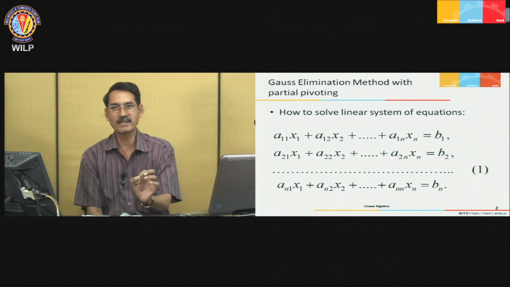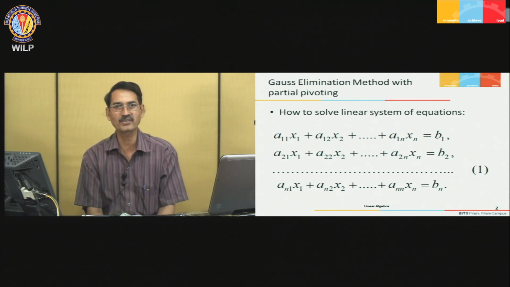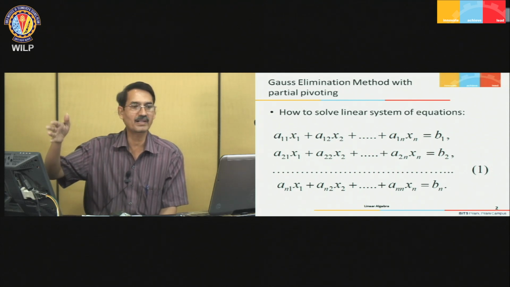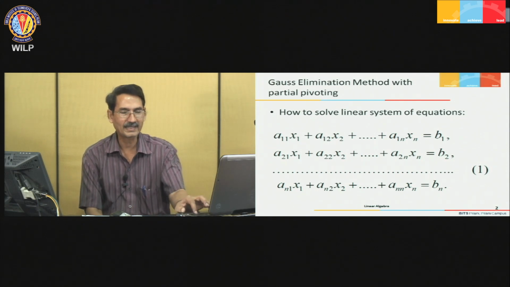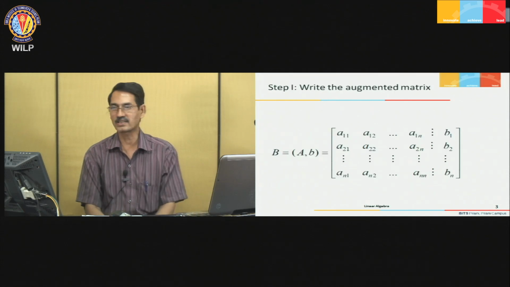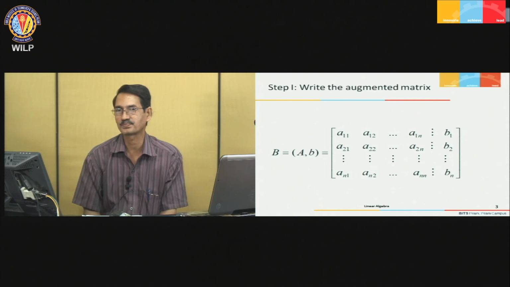What is the augmented matrix? Augmented matrix is first you write the coefficient matrix, then the last column will be the known quantities b1, b2, bn. That is your augmented matrix. This augmented matrix we are aware of from the first two lectures. So, look at here, this matrix B which is lying here is our augmented matrix.